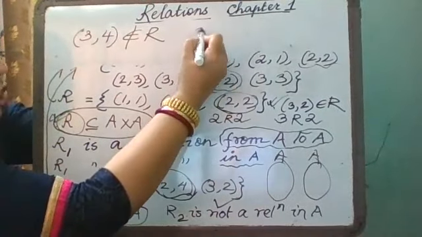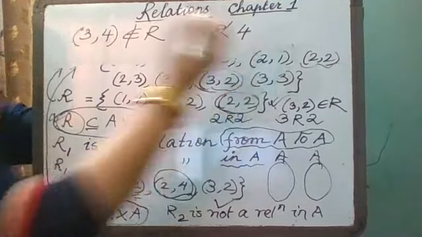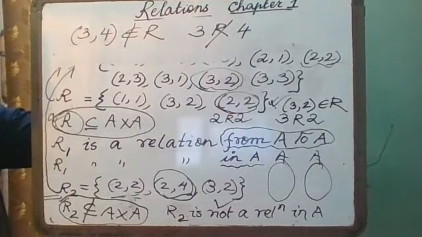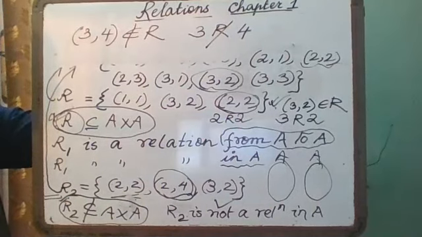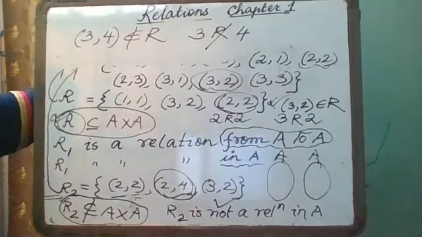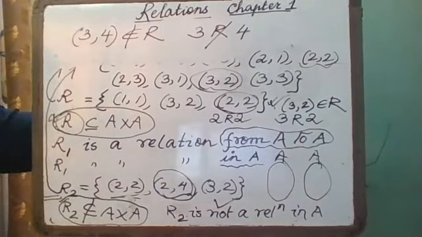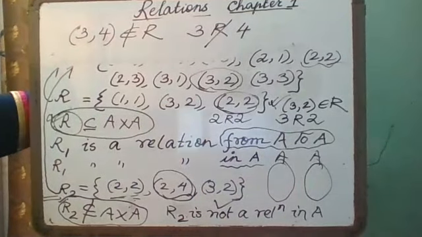So in short, I'll write 3 R cancelled, 3 is not related to 4. So the summary is, in order to be a relation, it has to be a subset of A cross A.